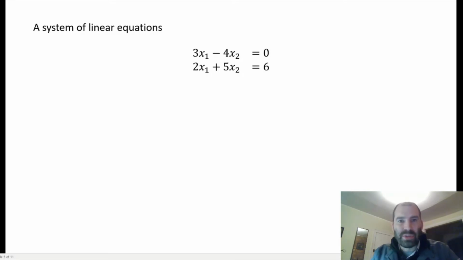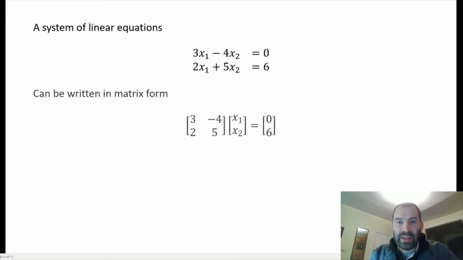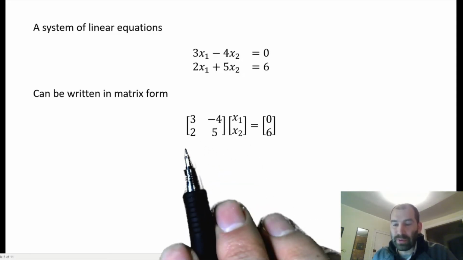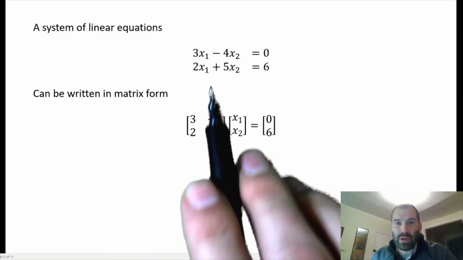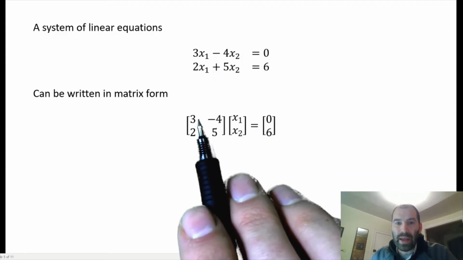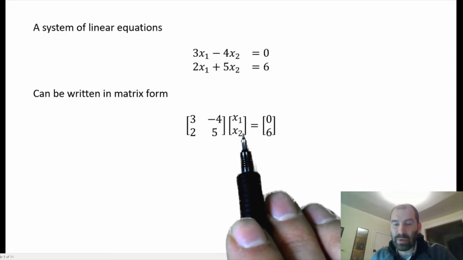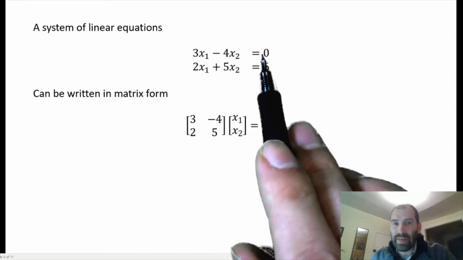Well, how do systems of equations work? Here's a system of equations, and my variables are x1 and x2, right? One thing I can do with a system of equations like this is rewrite it in matrix form. And this is where you might want to review linear algebra if you're not familiar with this. So you can rewrite this system as a matrix multiplied by a vector whose components are x1 and x2, and that's equal to another vector.